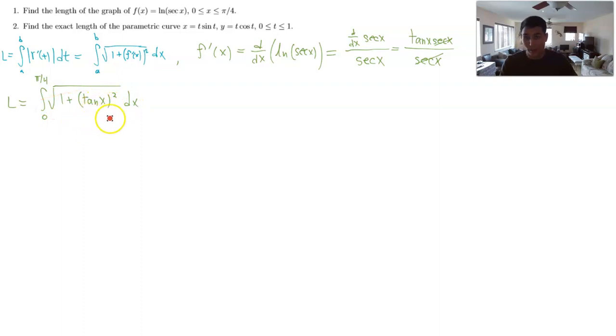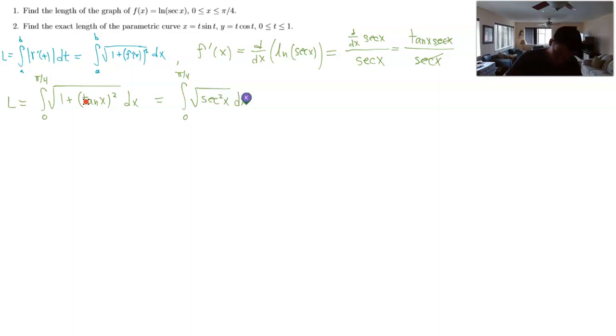That's a trig identity, right? 1 plus tangent squared x is equal to secant squared x. So we go from pi over 4 to 0, and it's going to be secant squared x, right? It's a famous trig identity. And then we can see that this reduces down just to the integral from pi over 4 to 0 of secant x dx.